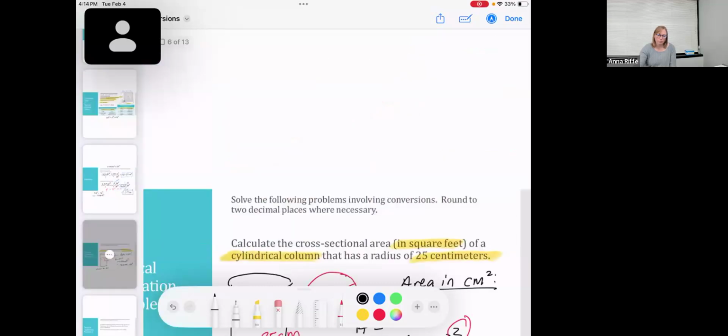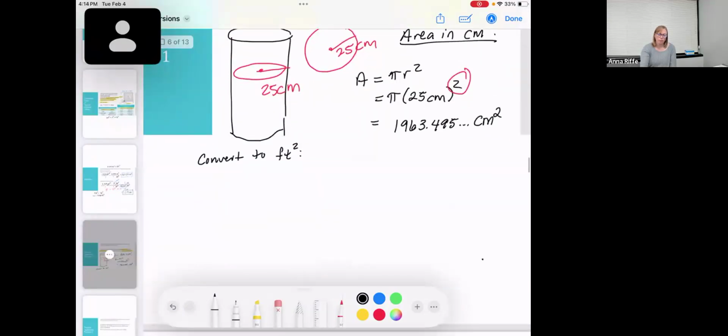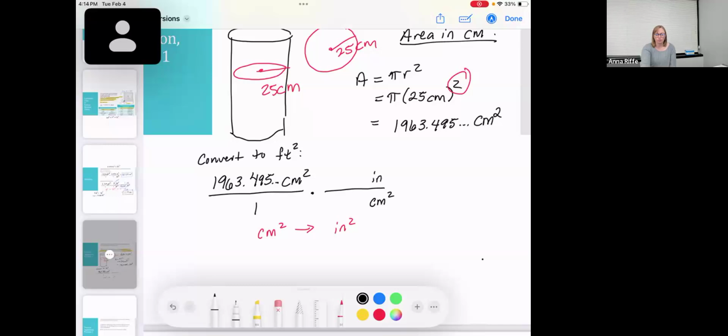Okay. So let's do that here. I'm going to take my 1,963.495, etc. square centimeters. Make that a fraction. I'm going to go from square centimeters to square inches first. So I want to multiply by a unity fraction that has the square centimeters on bottom, the square inches on top.